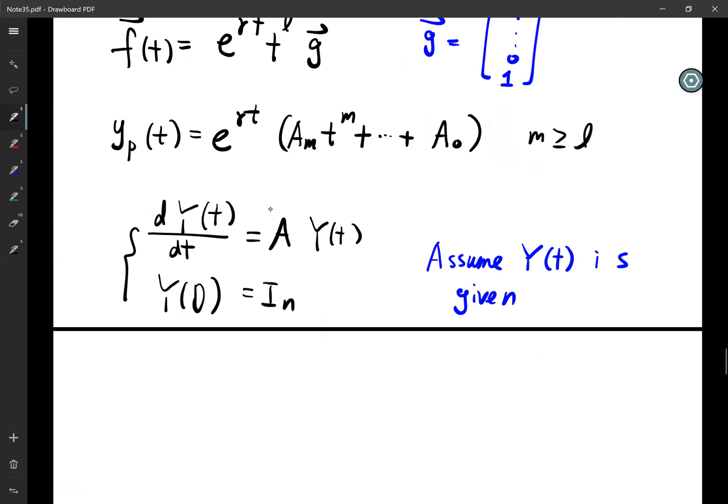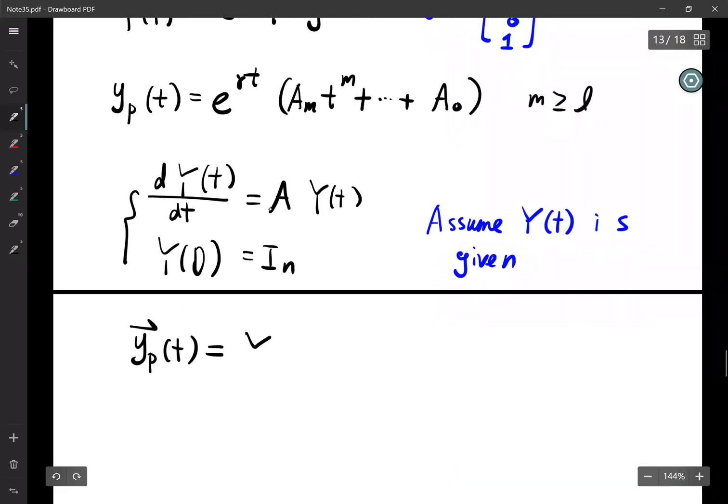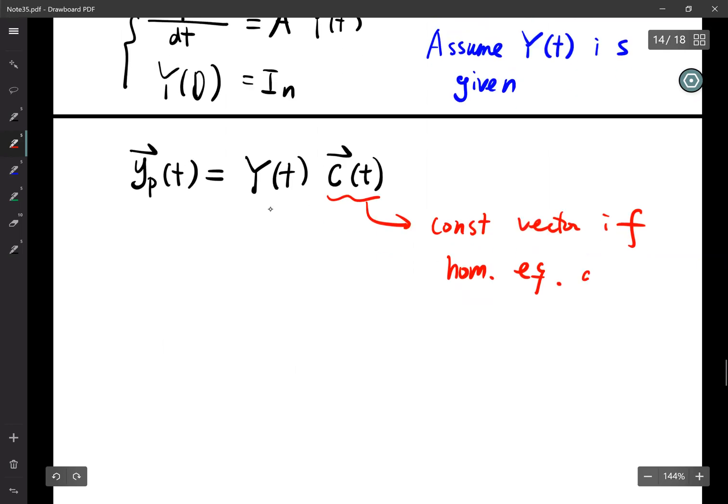But now, in order to find a particular solution for the inhomogeneous equation, I make a very educated guess, Y(t) times a vector c(t). Recall that this one should be a constant vector if we're dealing with a homogeneous equation, given by the initial data, as we talked about at the beginning of the class.